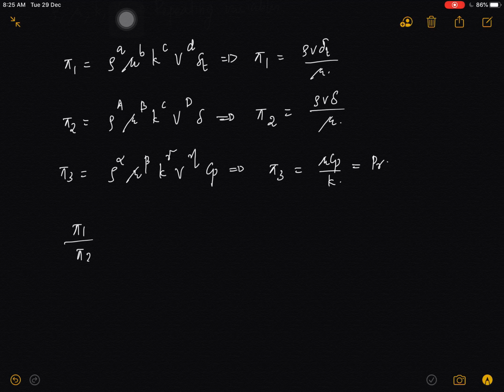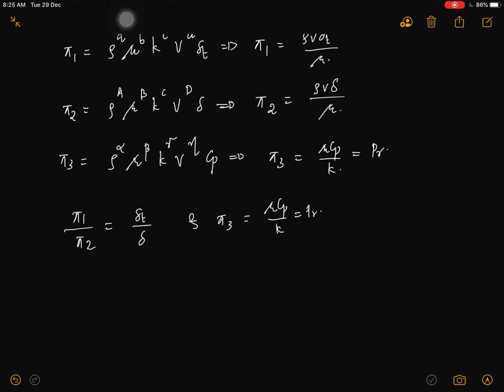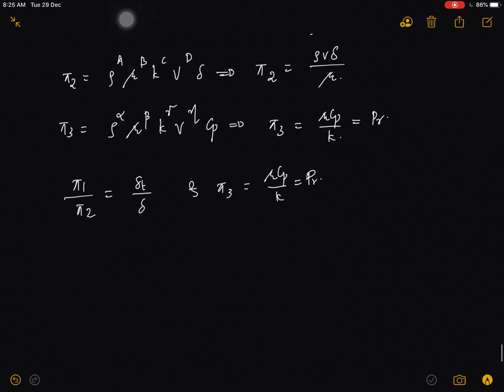So now we can derive that pi 1 by pi 2 is equal to delta t by delta, and pi 3 is equal to the Prandtl number, that is mu cp by k, which is nothing but the Prandtl number as we already described in the last lecture.